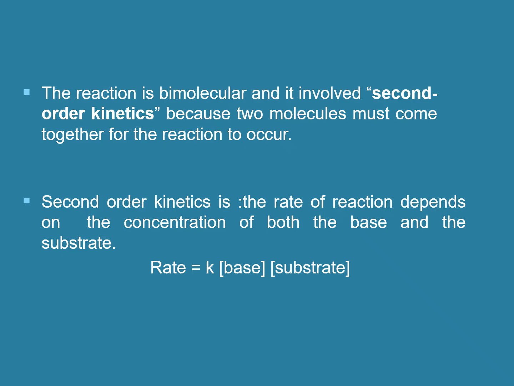Thus the E2 reaction is a bimolecular reaction. That means two molecules are involved in the rate limiting step, and it involves second order kinetics because the two molecules must come together for the reaction to occur.